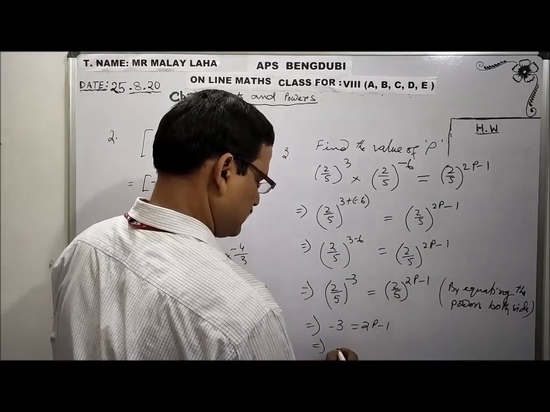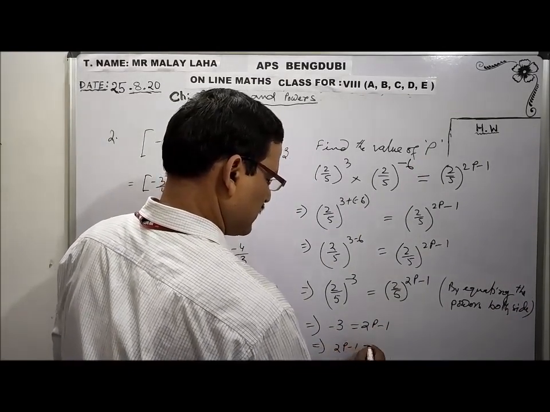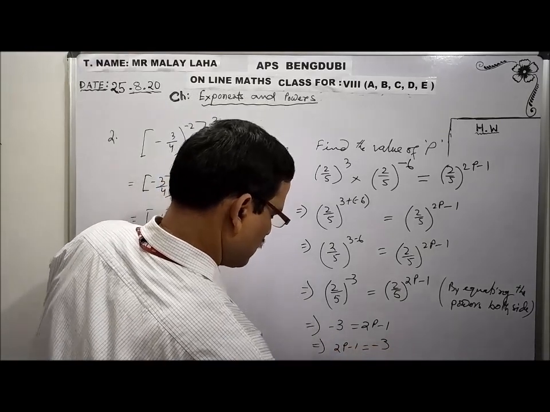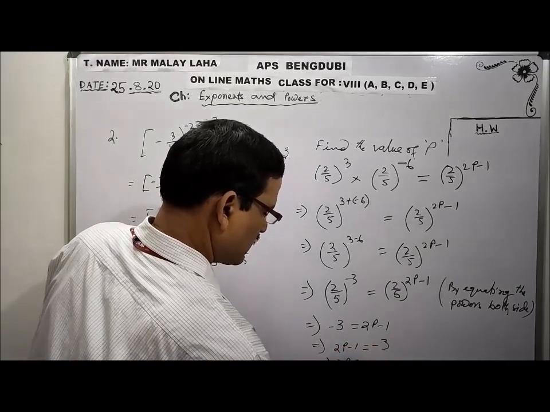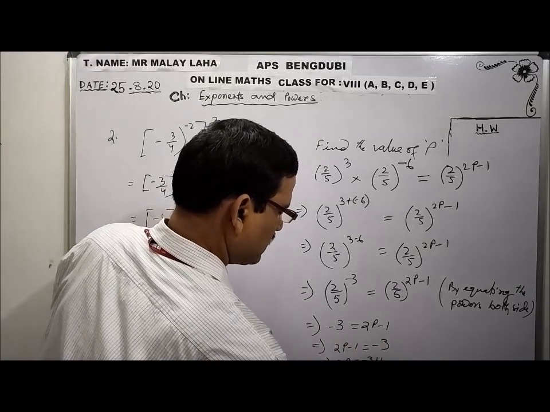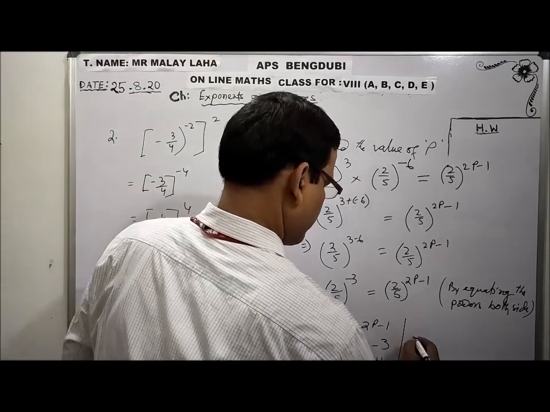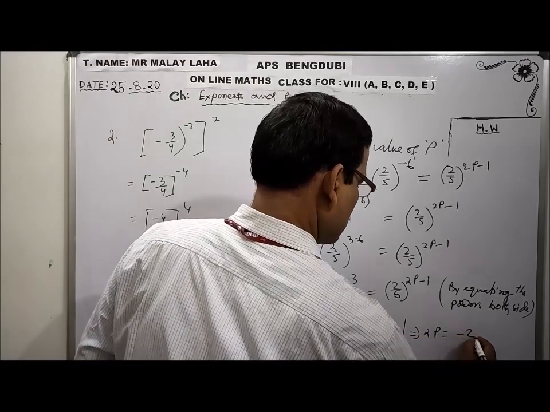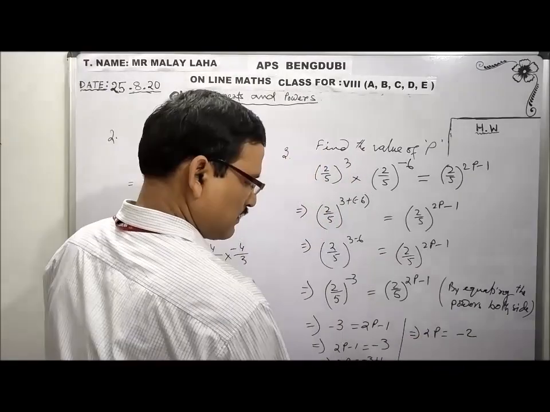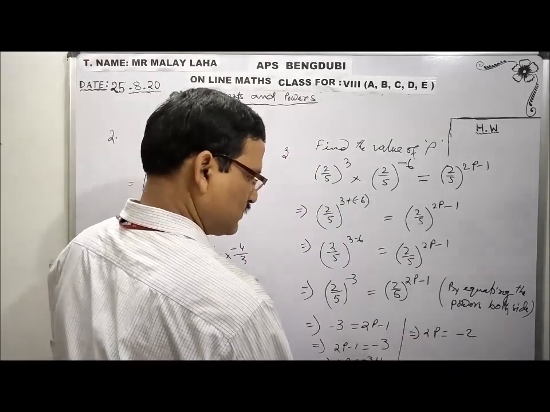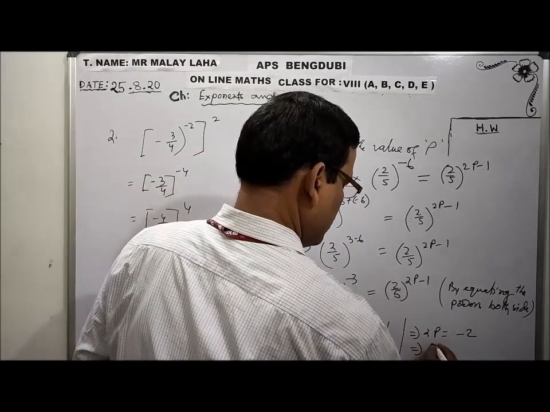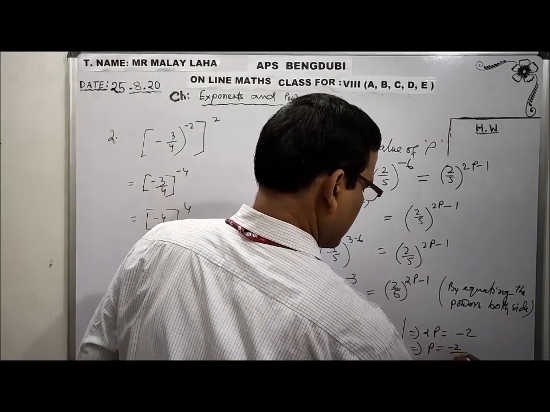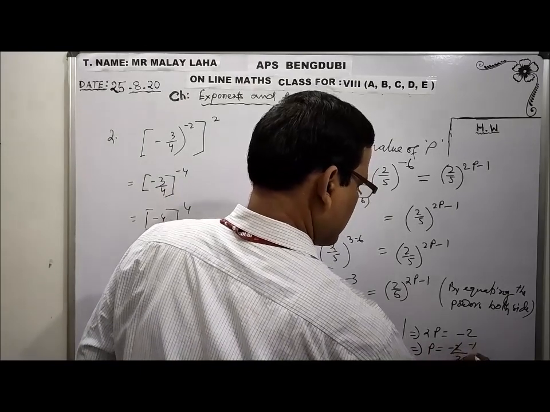Or you can reverse: 2p minus 1 equals minus 3, or 2p equals minus 3 plus 1, or 2p equals minus 2, or p equals minus 2 by 2, cut, minus 1.